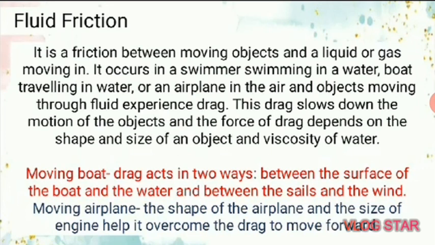So for example, moving boats, drag acts in two ways, between the surface of the boat and the water and between the sails and the wind. So dito sa fluid friction, nakadepende siya doon sa shape and size ng object at yung viscosity ng object o viscosity ng water.